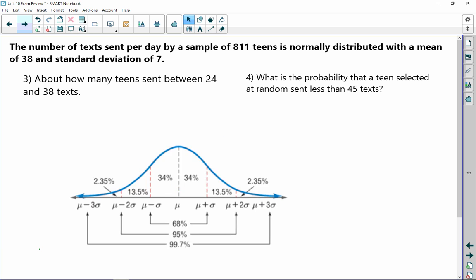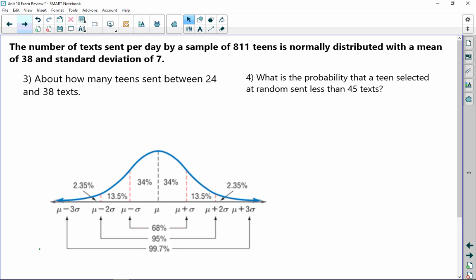Okay, so the first thing I want to do is figure out what my deviation is. I don't even have to really do that.